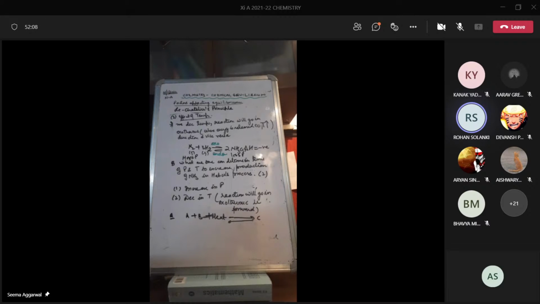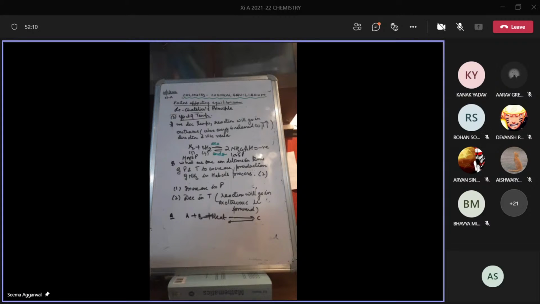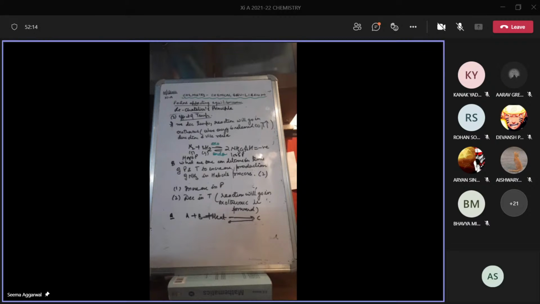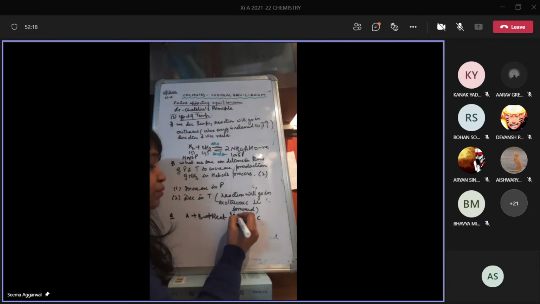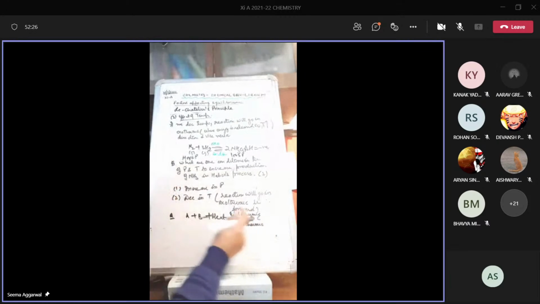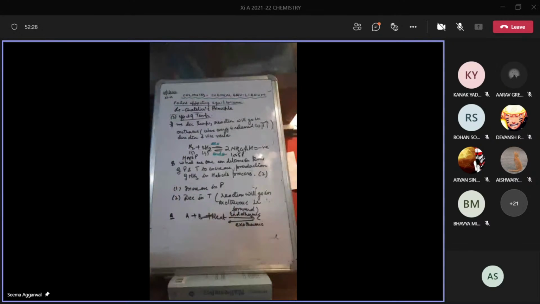It means it is absorbing heat. So forward is endothermic and backward is exothermic. You should be familiar with this: if heat is written on the reactant side, it means the reaction is absorbing heat. The one which absorbs heat is endothermic, and the one which releases heat is exothermic.